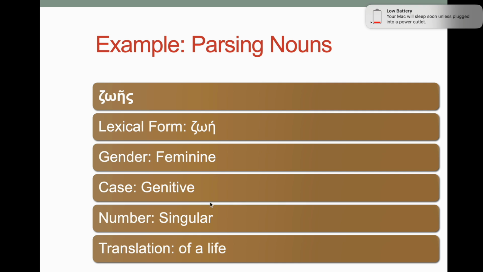And that means of a life. So I have reflected it could be of life as well. That reflects the genitive idea of an of, and I've reflected a singular idea of a life, or it could be of life. You don't necessarily need that indefinite article in there.